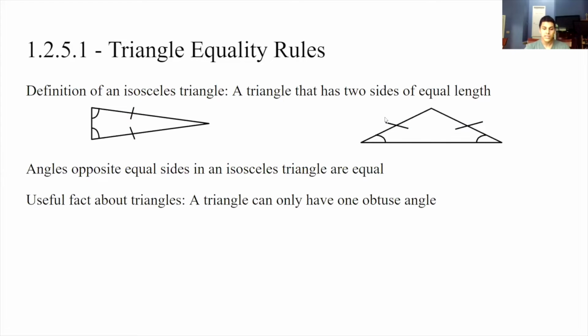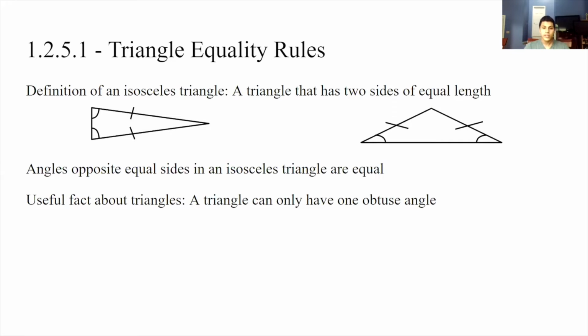So a useful fact about triangles, just something about equality rules and summation rules in triangles, is that a triangle can only have one obtuse angle, and it can also only have one right angle. And that makes sense, because a right angle is 90 degrees, and an obtuse angle is greater than 90 degrees.